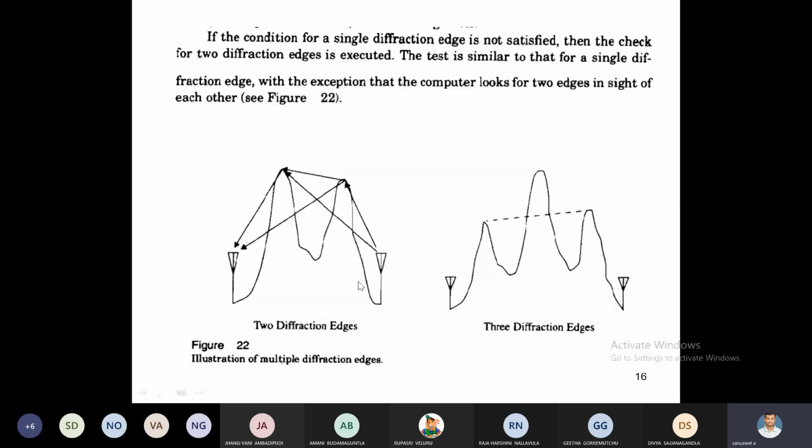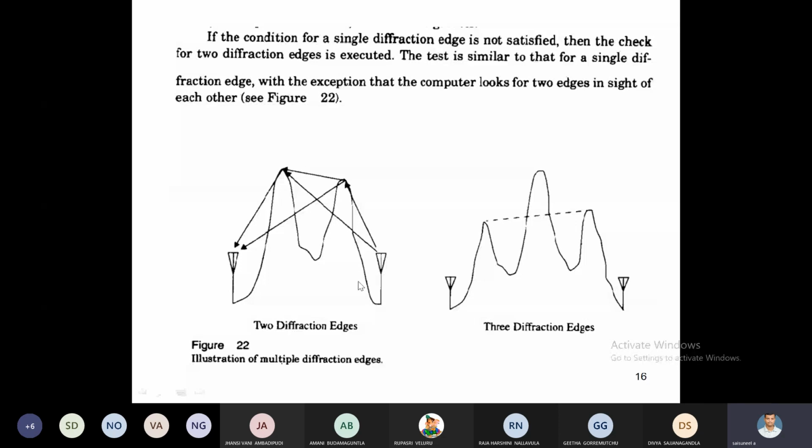If trees are there, it is not possible to calculate due to trees, and due to buildings, again man-made structures, not natural structures. Automatically, it is not a perfect method to calculate path loss. That's why we go for the next model, the Okumura model.